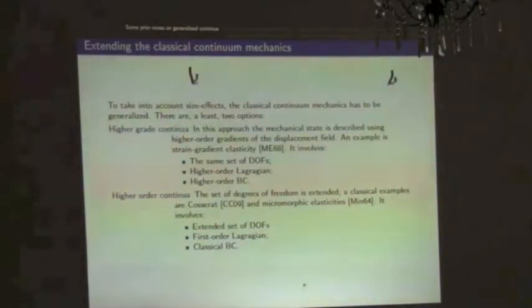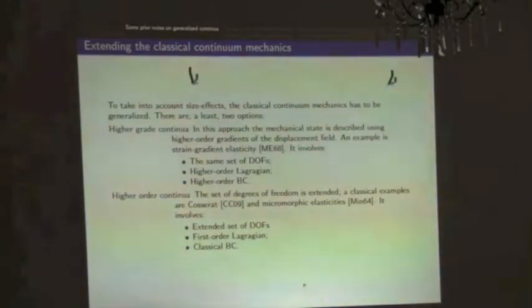I think the most important distinction in how to extend Cauchy elasticity is the following. You can add to your description information on the higher gradients. In such a case, it's the first option: higher grade continua.